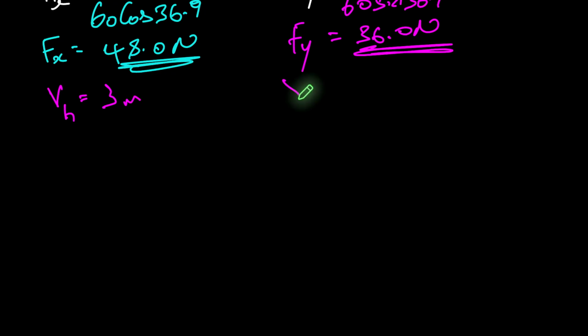Whereas our horizontal distance, I'll just put HX for horizontal distance. Our horizontal distance here needs to be 4 meters. So just ensure that for the horizontal force component, we use the vertical distance. And for our vertical force component, we use our horizontal distance.